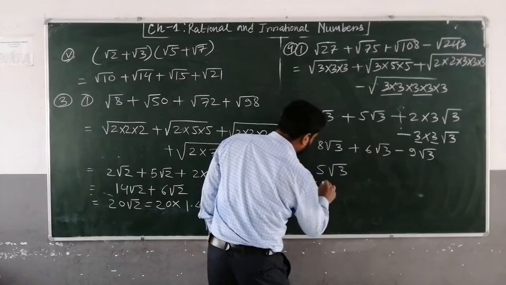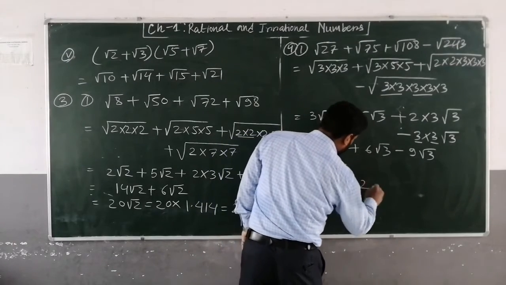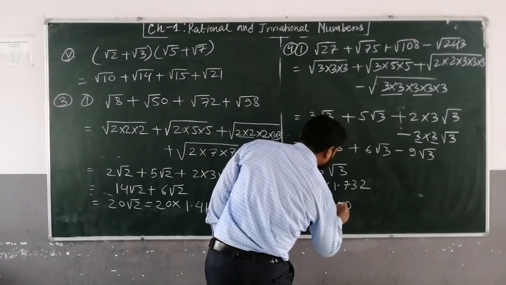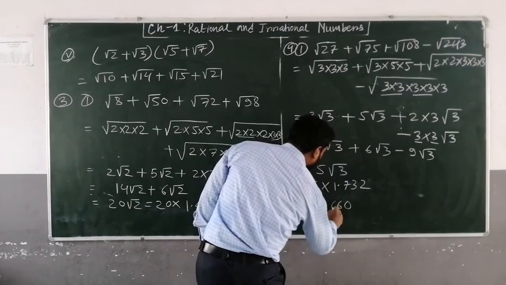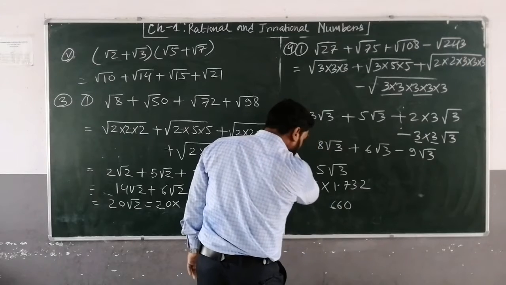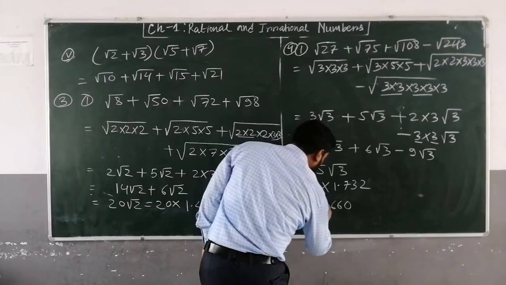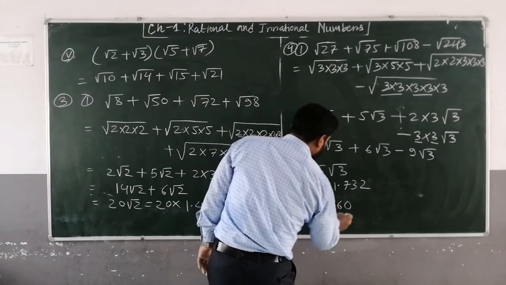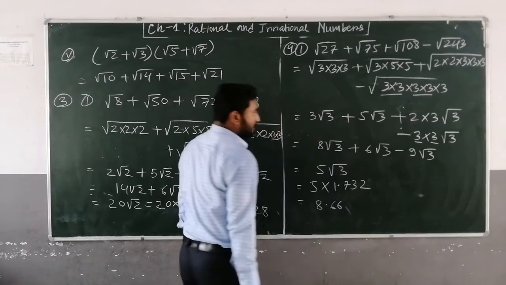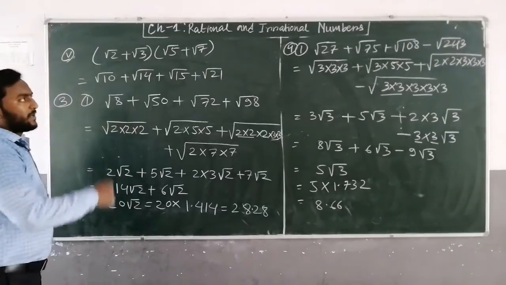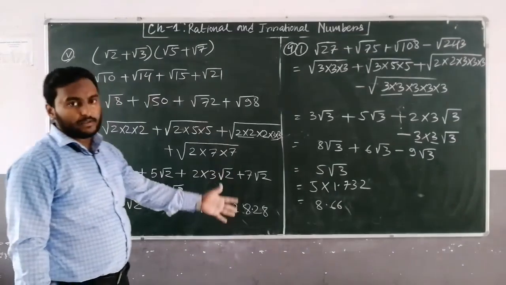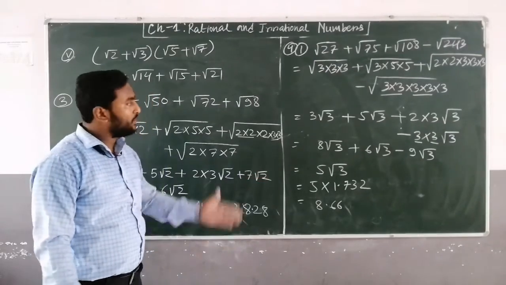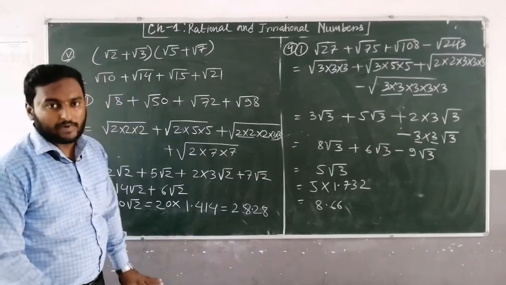And this is 5 into 1.732, so this will be 8.66. Okay. And the second part you can solve by the same method. Okay. And after that, finally you will place the value of root 3, that is 1.732. The second part of question number 4 you can solve by this.